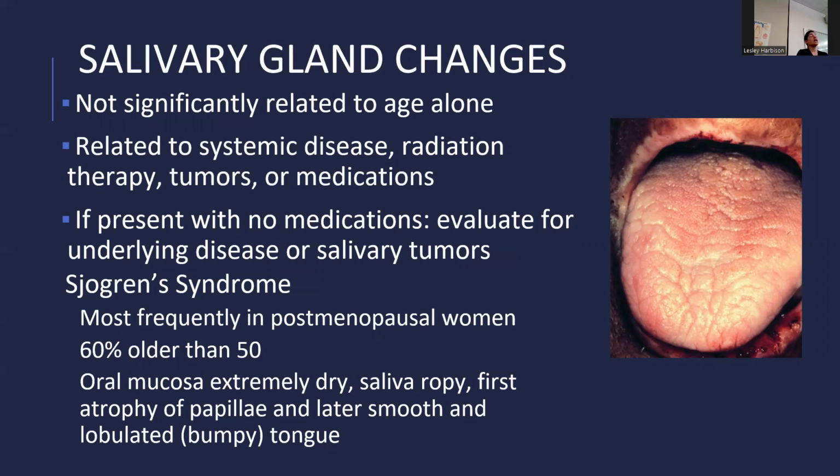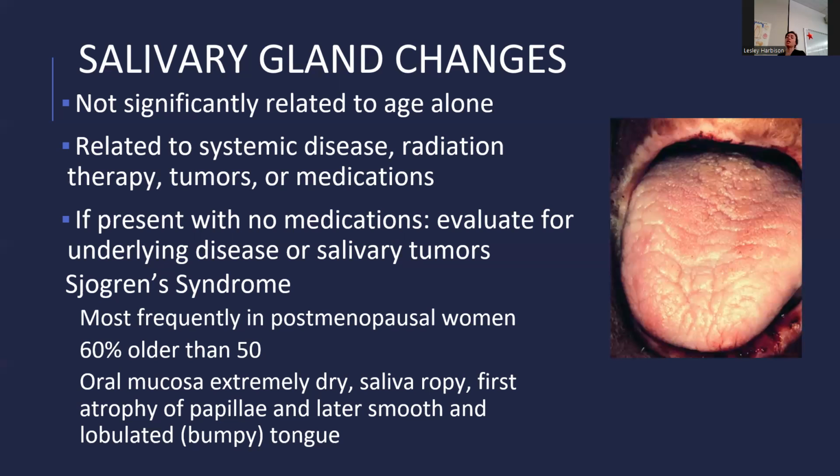So if somebody seems really healthy and isn't on any meds, and their mouth is really dry, there's probably something brewing. They could just have something specifically going on with their salivary glands, but it wouldn't be typical for somebody to just have that. So there could be some kind of autoimmune disease or something.